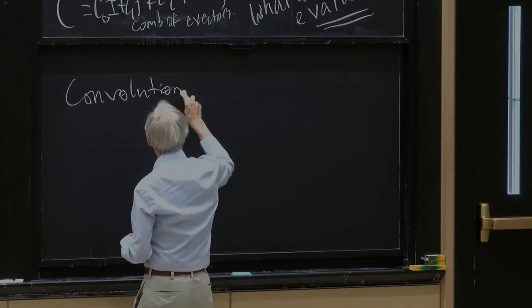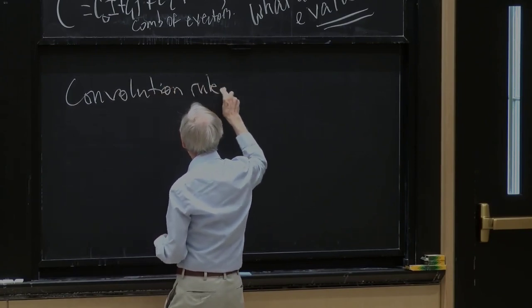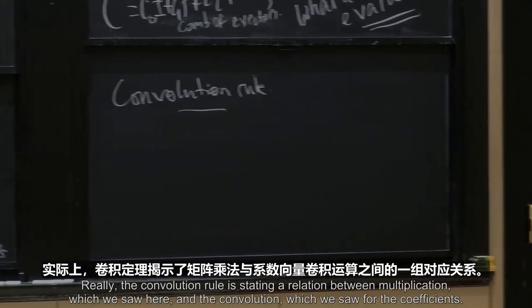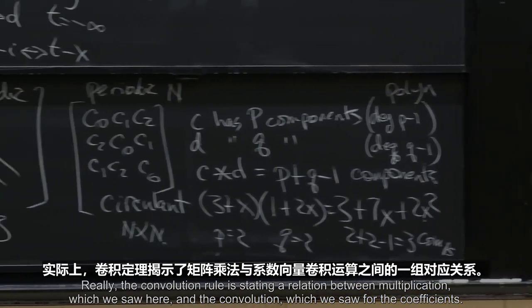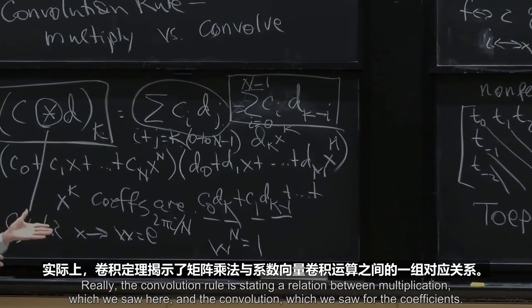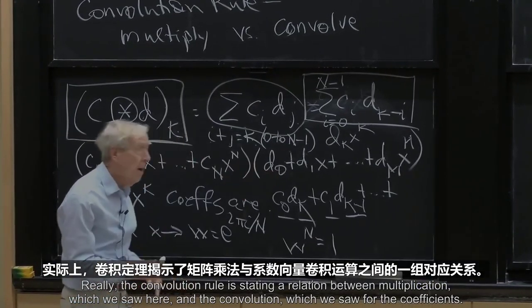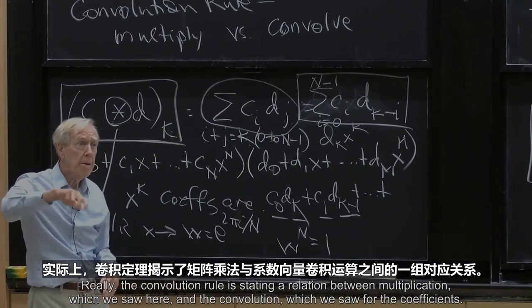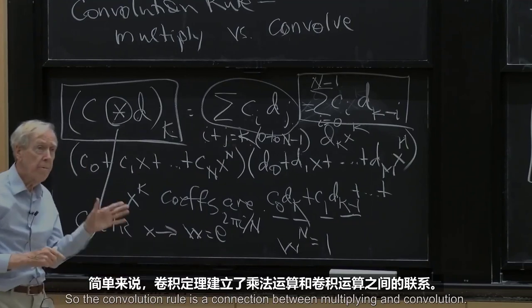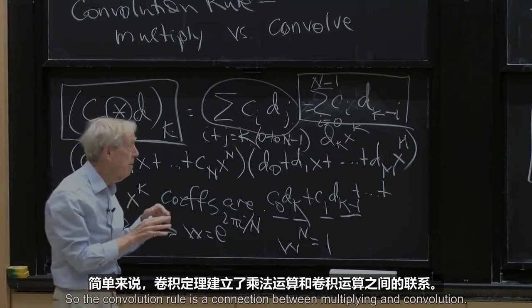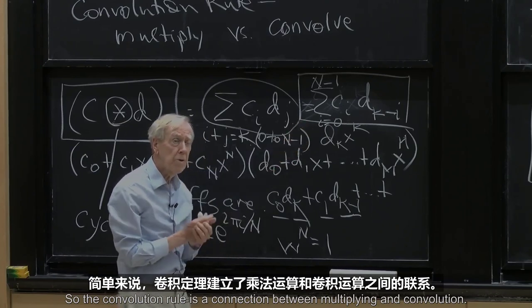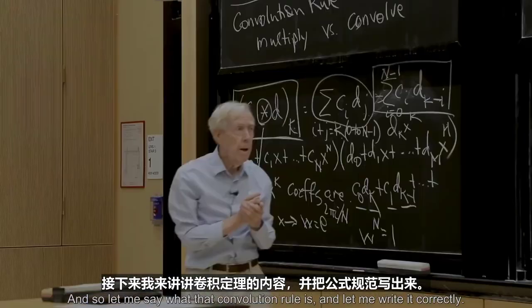Really, the convolution rule is stating a relation between multiplication, which we saw here, and convolution, which we saw for the coefficients. So the convolution rule is a connection between multiplying and convolution. Let me say what that convolution rule is, and let me write it correctly.